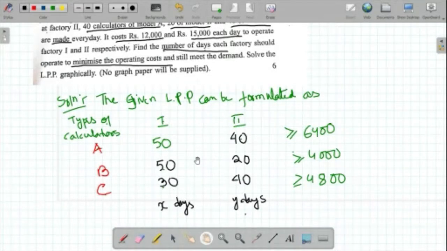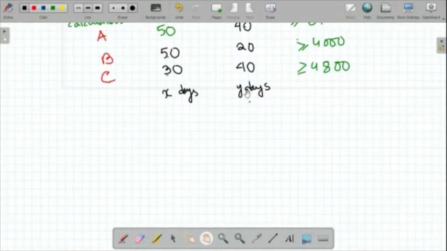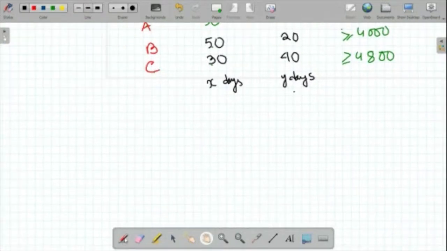Now what was the cost of operation of factory 1? It is 12,000. And factory 2? 15,000, right? So let's start our calculation.